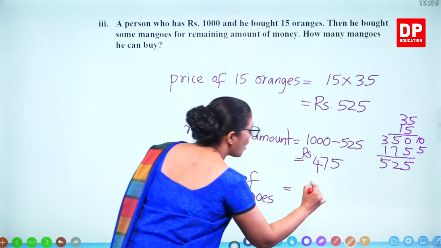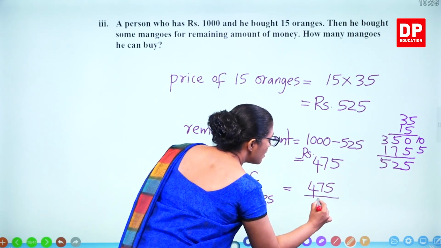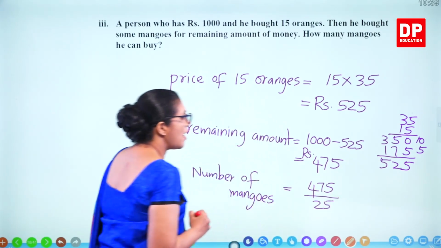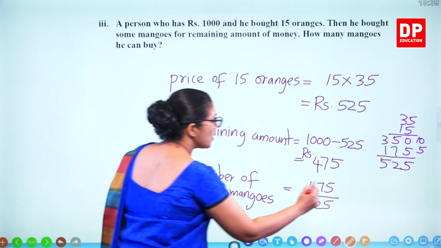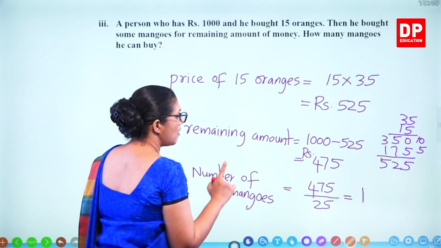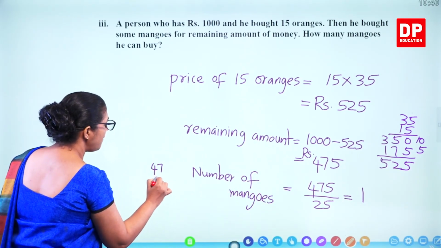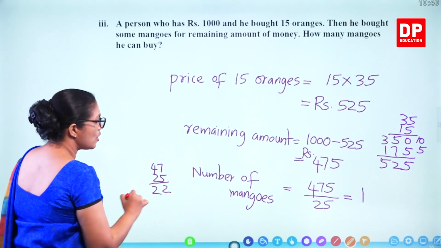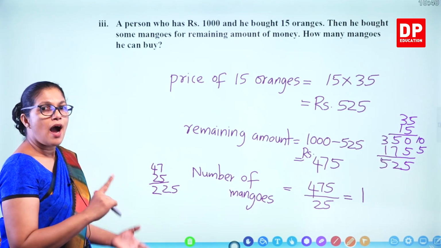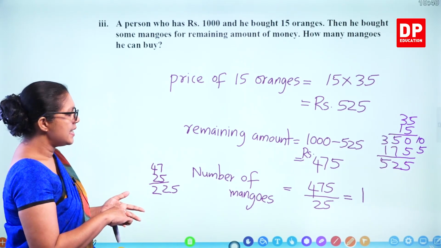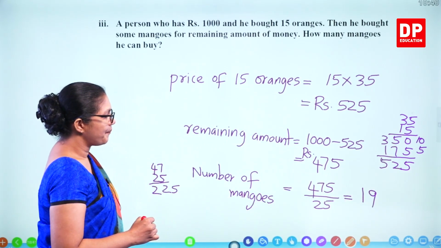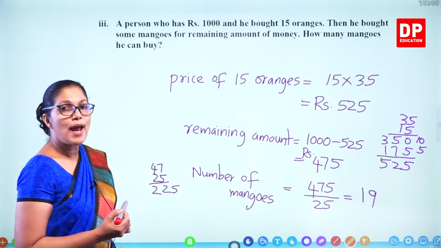So we can find out how many mangoes you can buy by dividing this by 25. 25 times 1, 25. 47 minus 25, 22. So 225. How many 25s are there? 100, 200 and 9. So 25 times 19. 19 mangoes you can buy.